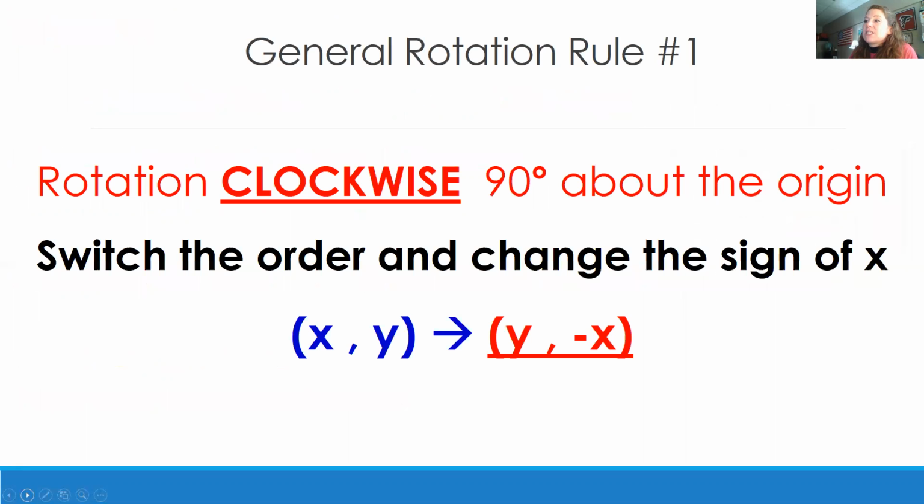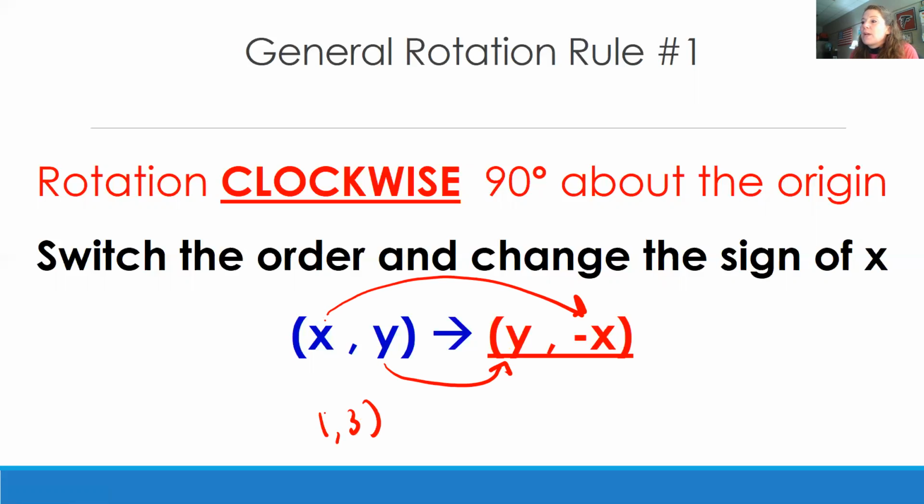So there are basically three rules we need to memorize. If we're going to go clockwise 90 degrees, our x, whatever number this is, goes to the back and changes signs. The y value doesn't change signs, but it comes to the front. For example, let's say this first coordinate was 1, 3.